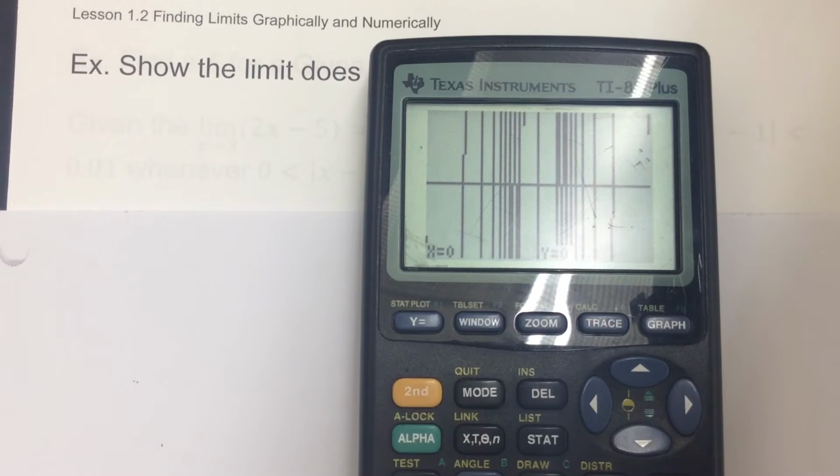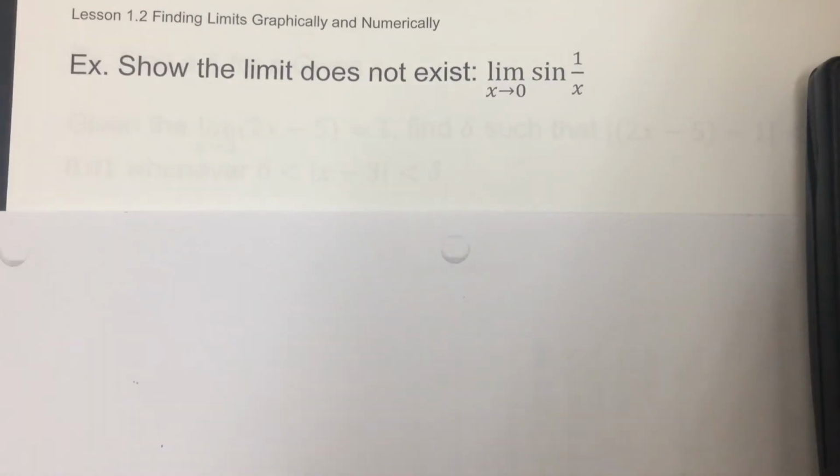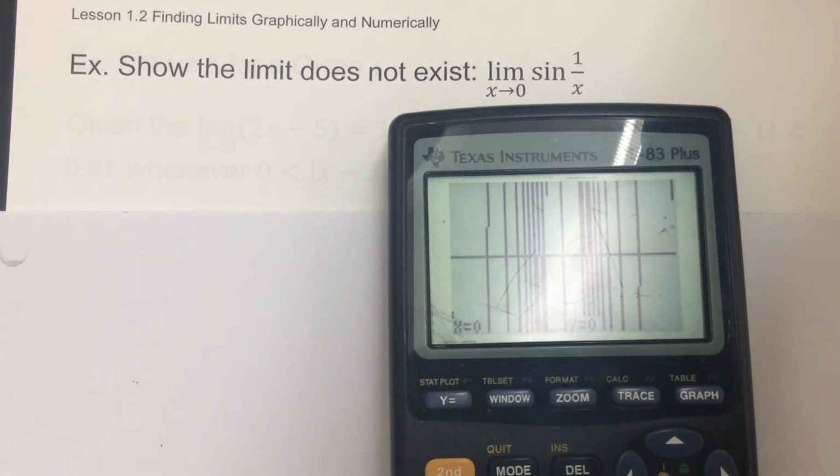It's going to start bouncing back and forth between -1 and 1, which is what sine does, so fast that we don't know exactly what it's going to go to at that point of 0. Number one, we can't put 0 in there because that'd be undefined on the bottom. But it's going to bounce back and forth so fast, we can't say what the number is.